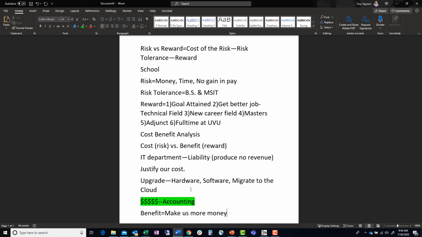Remote workers, our sales force, will be able to access more data remotely and access it faster. Our backup system will be faster. Therefore, if there's some type of catastrophe, we can have the company up and running much faster than with what we currently have.